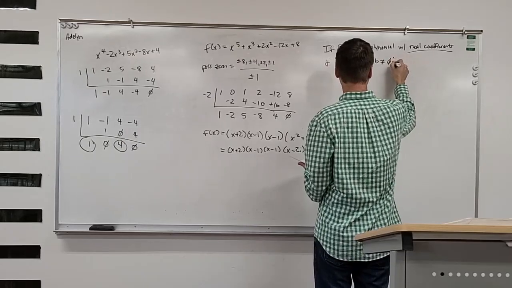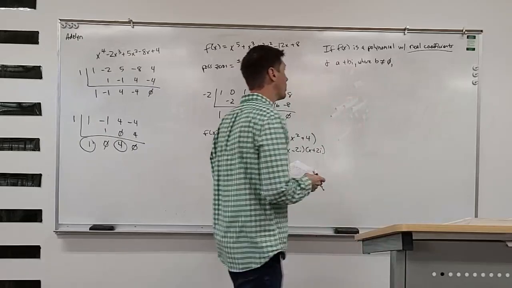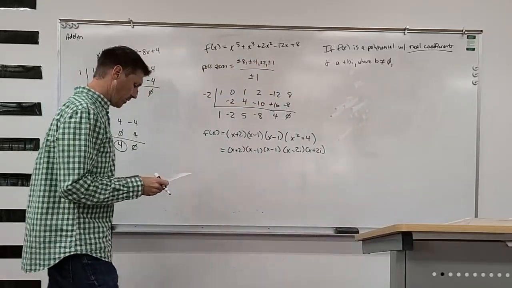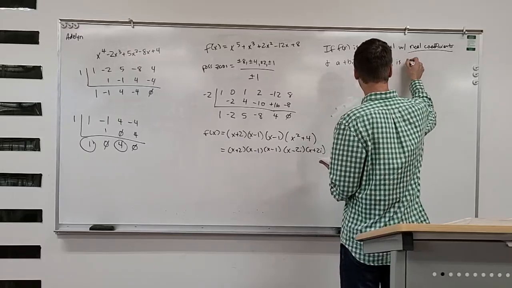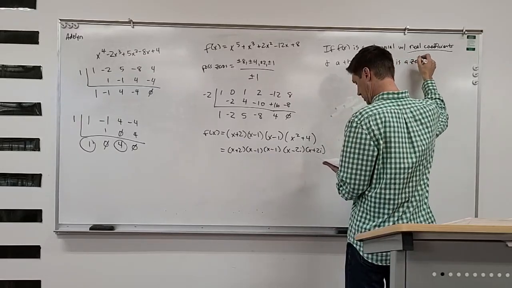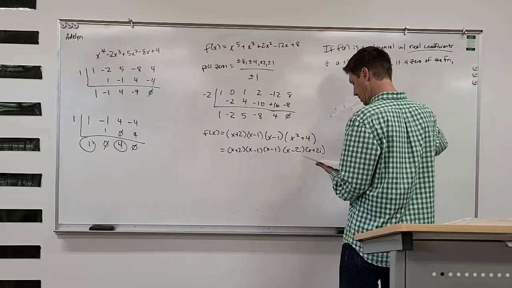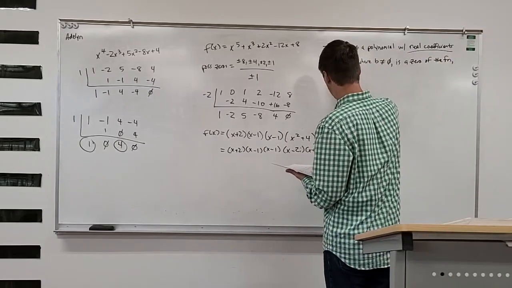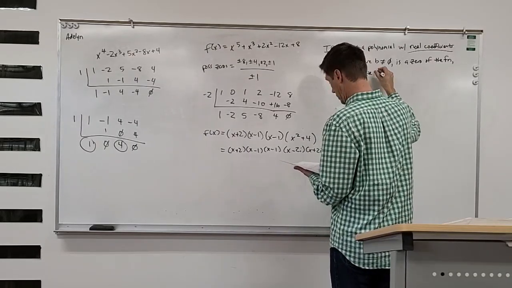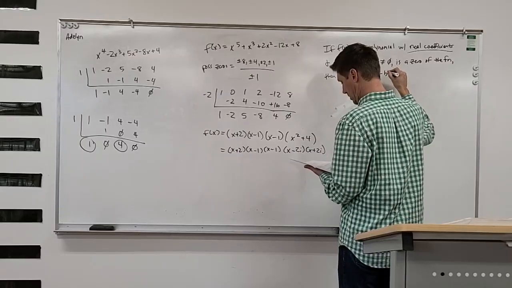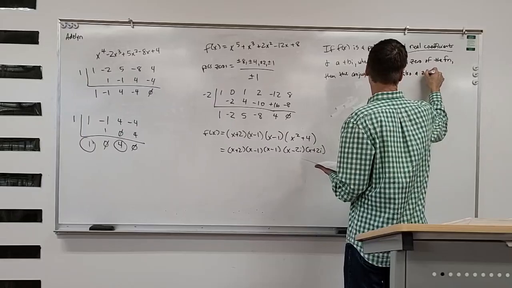So in other words, the imaginary part is there. The imaginary part doesn't go away and just become a real number. We've got an imaginary number. If this imaginary number is a 0 of the function, then the conjugate a minus bi is also a 0.